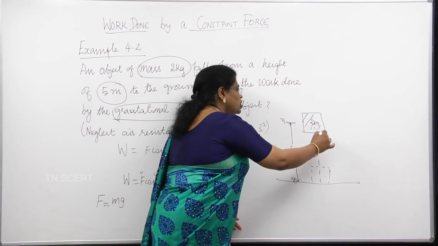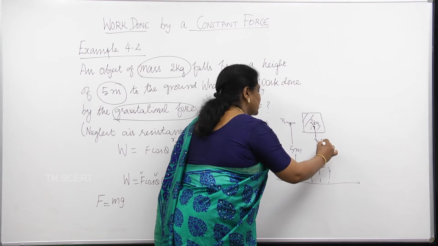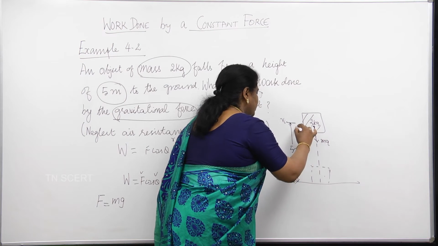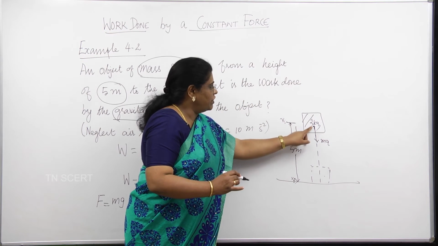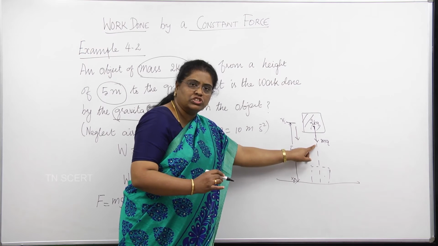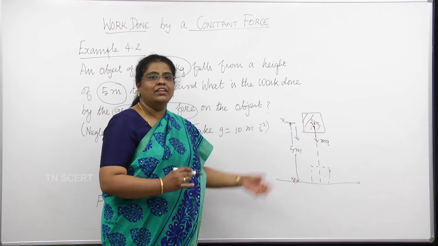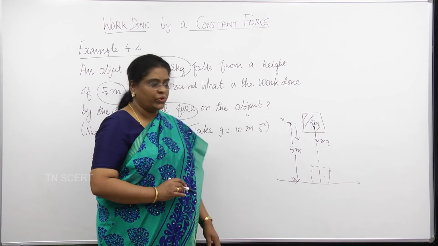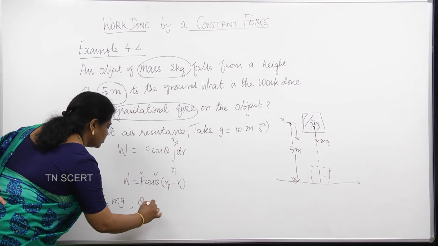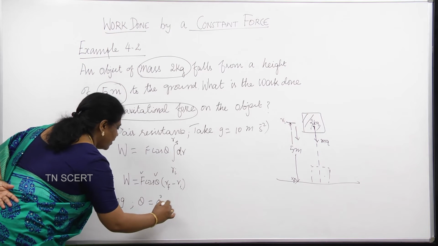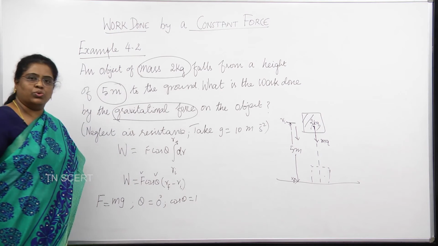Mg will also act on this object in this direction. The direction of fall and the direction of the force are in the same direction. So, what is theta? Theta would be 0. Theta in this particular case is equal to 0 degrees, and therefore cos theta is equal to 1.